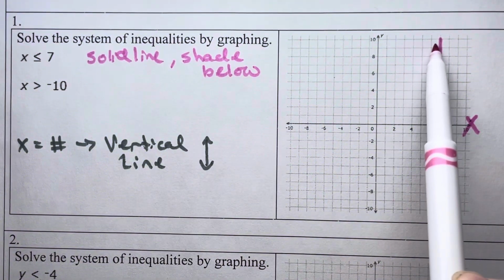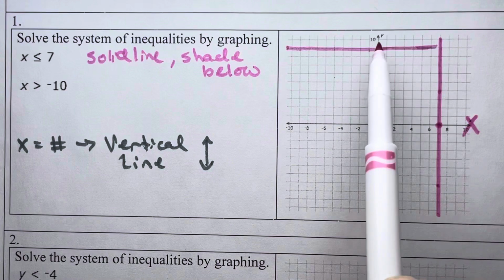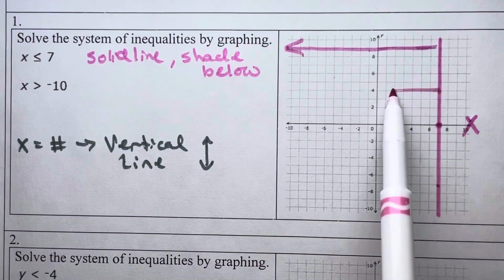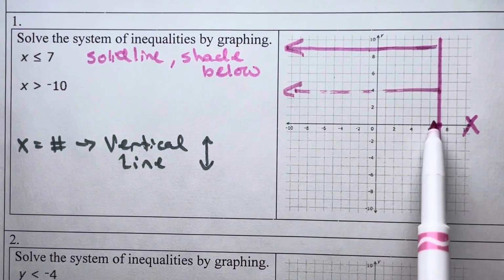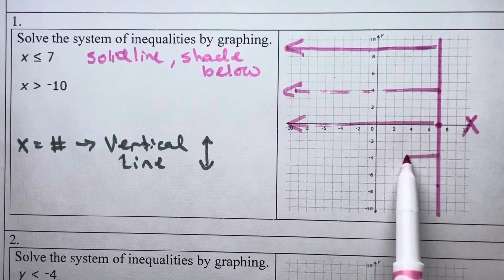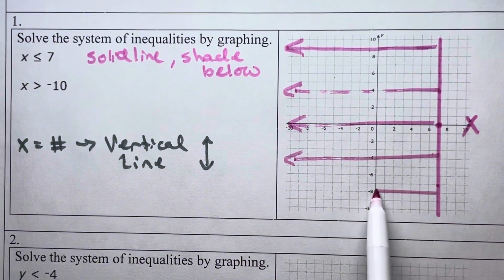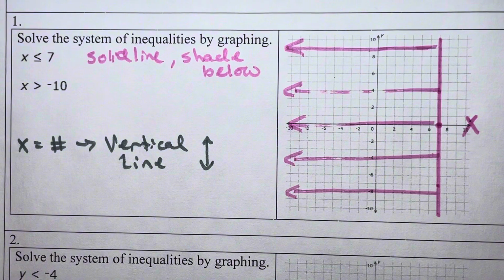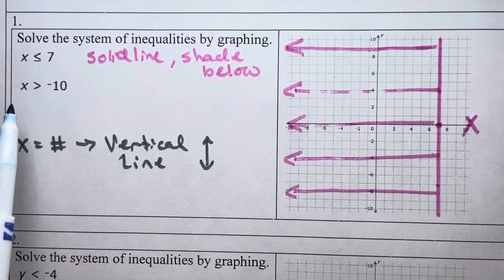That means that all of our shadings would go here across towards the left. And we're going to do that kind of gently, not fully filling the space.